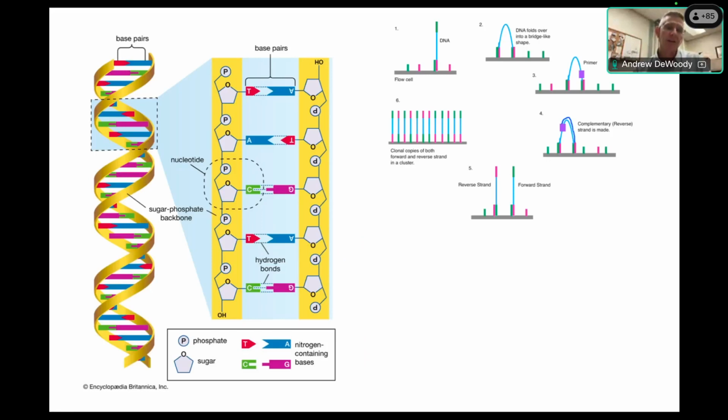And so I'm going to skip all the details about how we get genome sequences, but on the far left here, you see a double helix that represents DNA. And within that, these colored bands in the very middle of that DNA represent these molecules that I'll just refer to as As, Ts, Gs, and Cs.